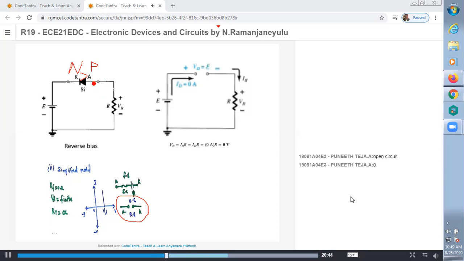A less than K, reverse bias. When it is in forward bias, replace with the equivalent model 0.7. When it is in reverse bias, replace the diode with an open circuit, right? With an open circuit, current is equal to 0. If this is considered a load resistor, the load voltage is also 0.